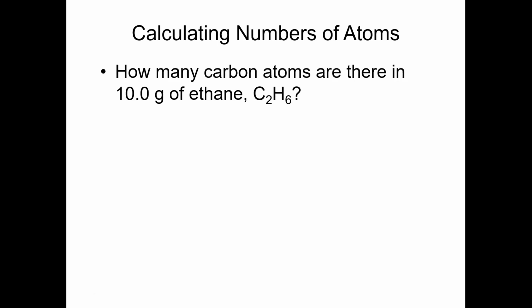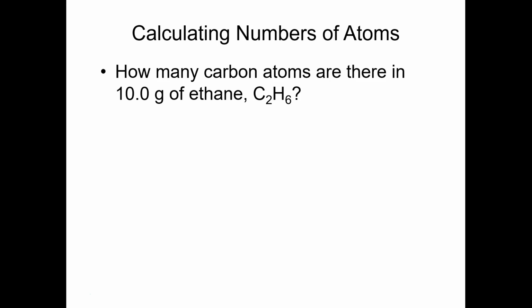So in another presentation, we talked about ethane, which is a hydrocarbon molecule that has the formula C2H6. You could be posed with the question, how many ethane molecules are there in 10 grams of ethane? You would use the roadmap and convert from mass to moles, and then from moles using Avogadro's number to molecules, and that would tell you how many molecules of ethane there are in 10 grams of ethane.